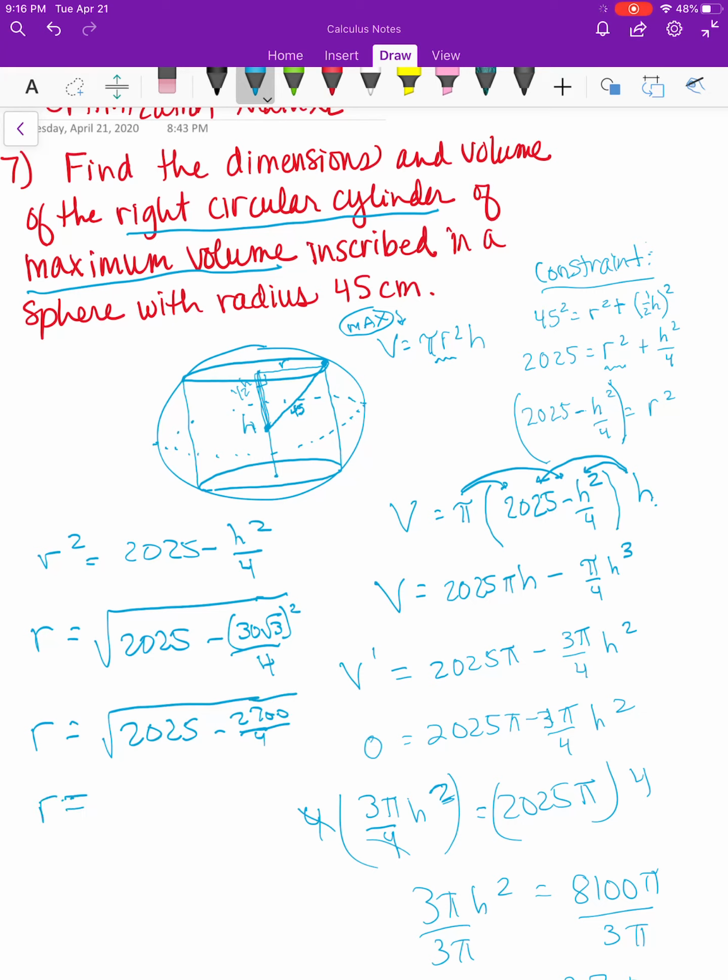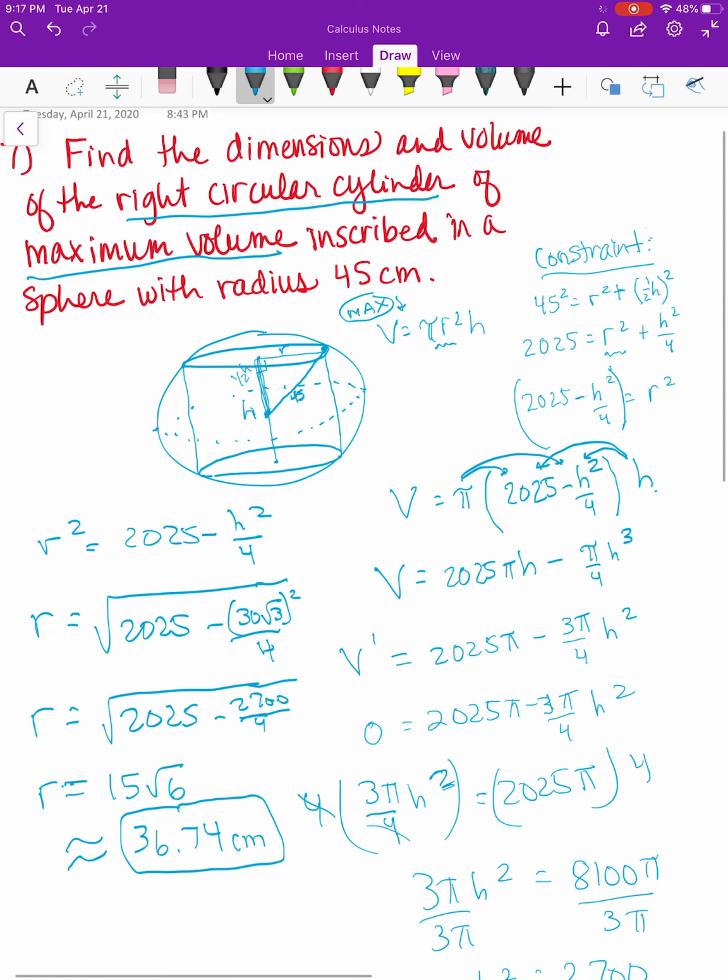You want to use the exact value. If you use the decimal, it's probably not going to work out correctly. So this became the square root of 2025 minus 2700 over 4. And this became r equals 15 root 6.